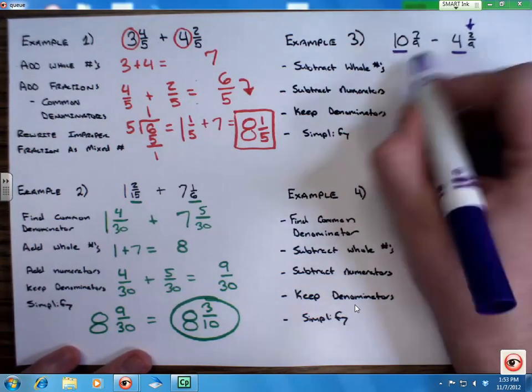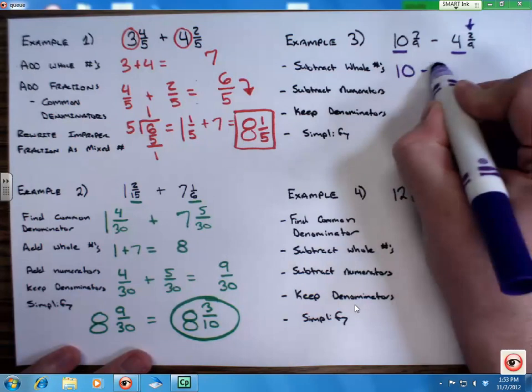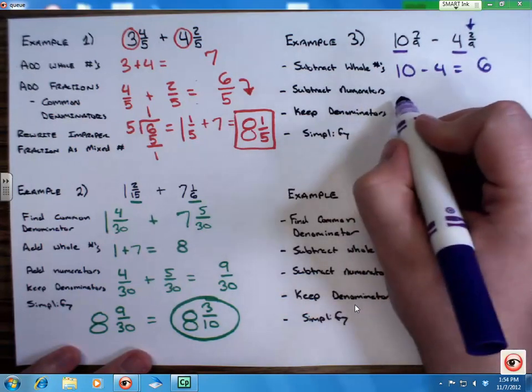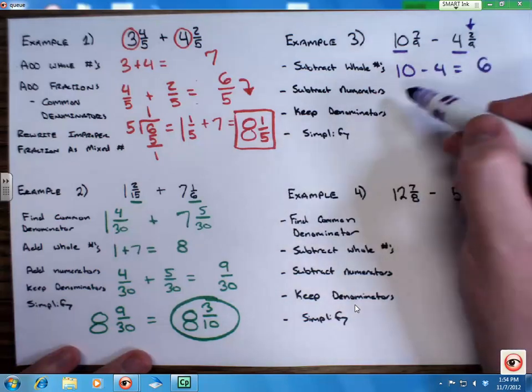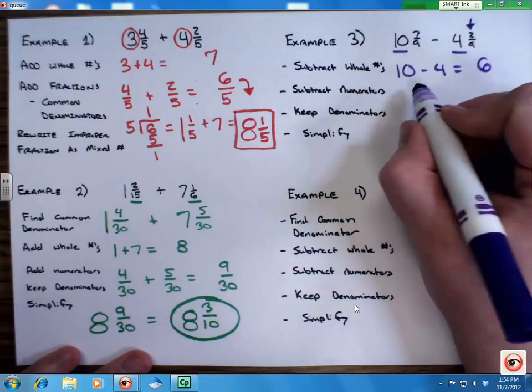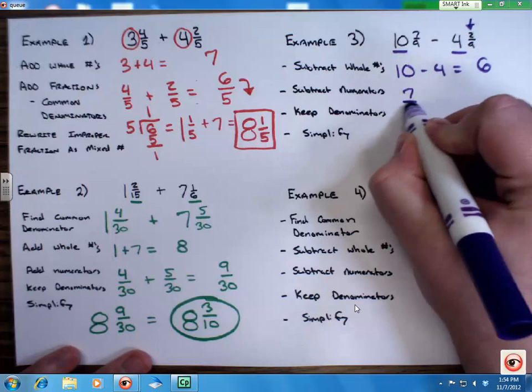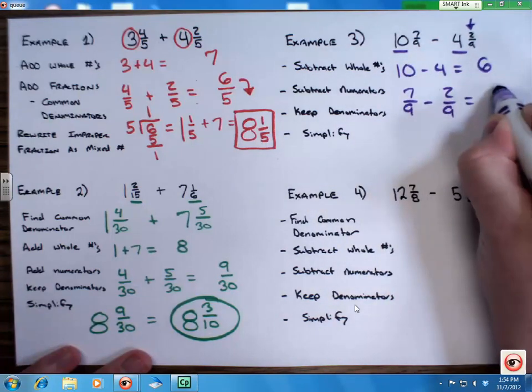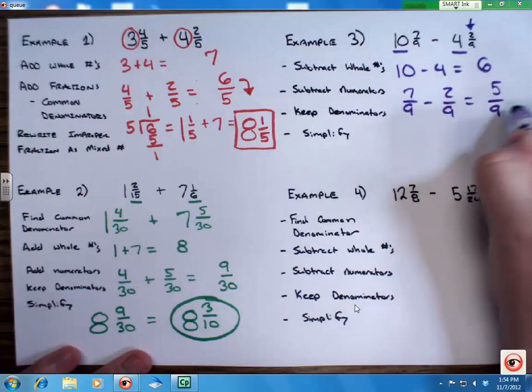10 minus 4. Okay, now we have to subtract our fractions. We're going to subtract our numerators, keep the denominators the same. So we're going to have our 7/9 minus our 2/9, which does give us 5/9.